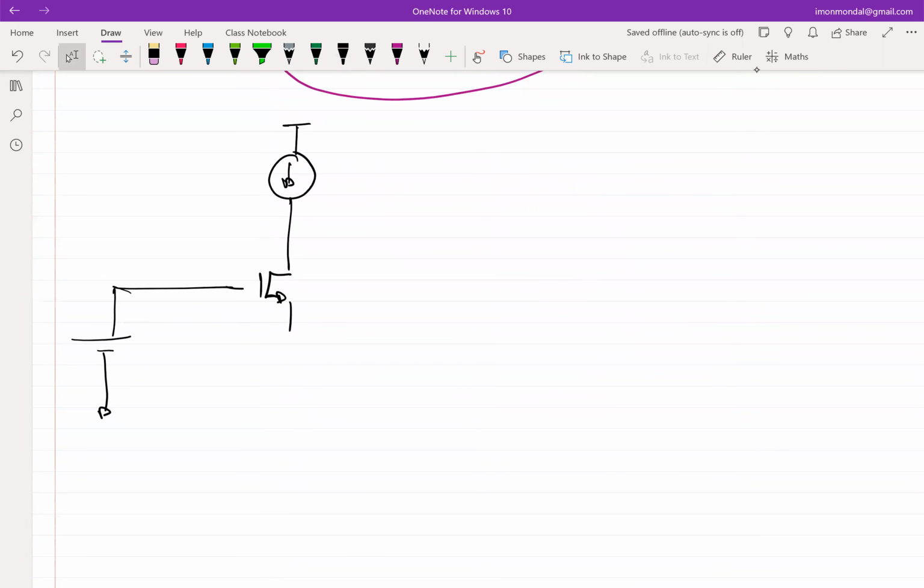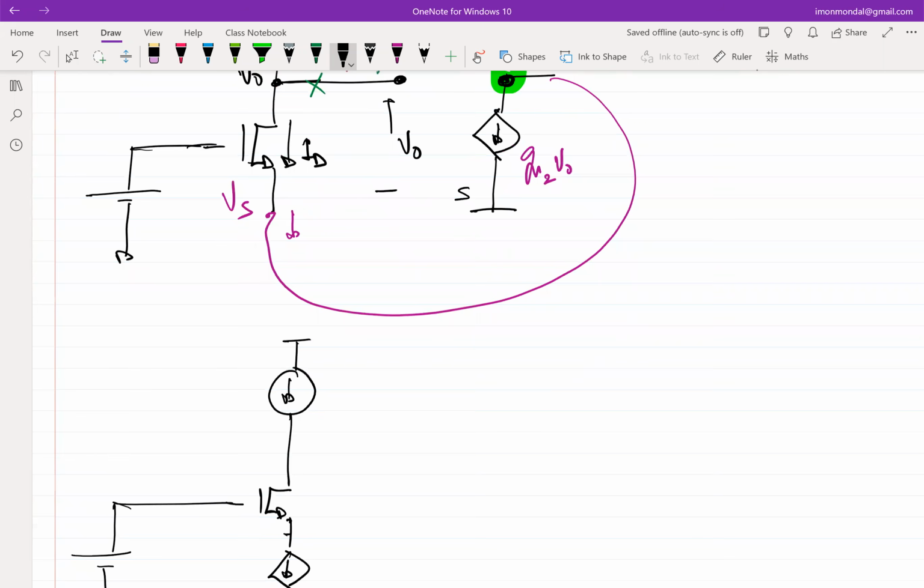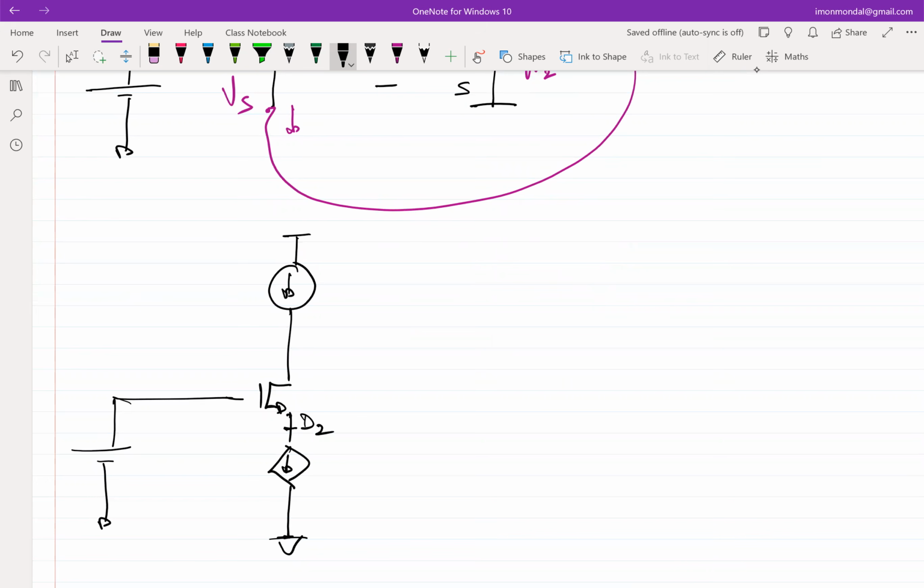So first, let's keep this incremental model as is. This is grounded. This was the drain, let me call it D2.